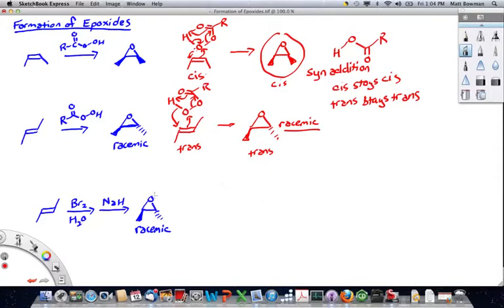Now the two-step procedure is very similar, except what happens is you form the bromonium ion first. Electrons go to the bromine, kick this bromide off, and a lone pair from the bromide adds there.